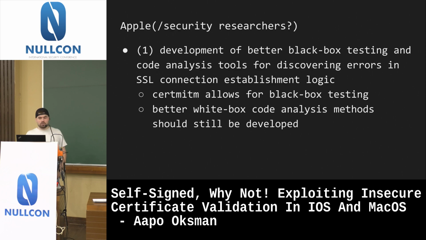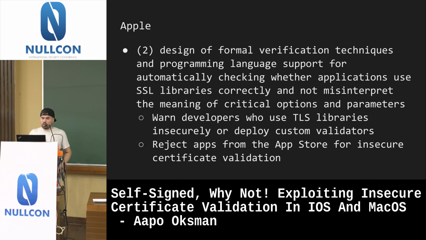Of course, better white box code analysis methods should still be developed. So if someone turns off certificate validation, static analysis tools should detect that. And some of them do, but not for everything. There should be formal verification techniques and programming language support for automatically checking whether the applications actually use the libraries correctly. Developers should be warned if they misuse the libraries.